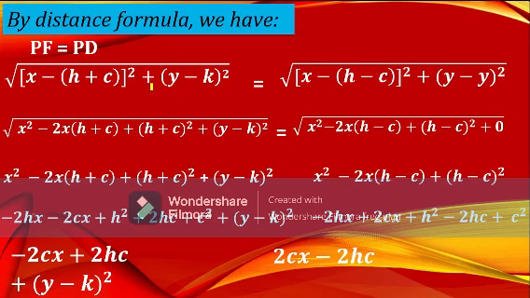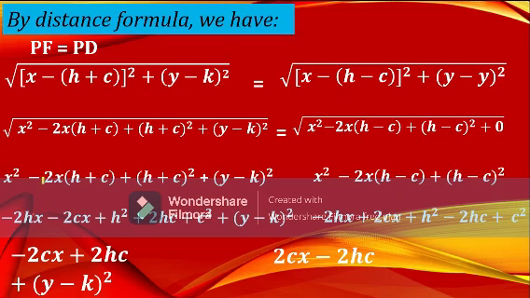plus y minus k quantity squared is equal to the square root of x minus h minus c quantity squared plus y minus y quantity squared. Then the square root of x squared minus 2x times h plus c, plus h plus c quantity squared, plus y minus k quantity squared is equal to the square root of x squared minus 2x times h minus c, plus h minus c quantity squared, plus 0.